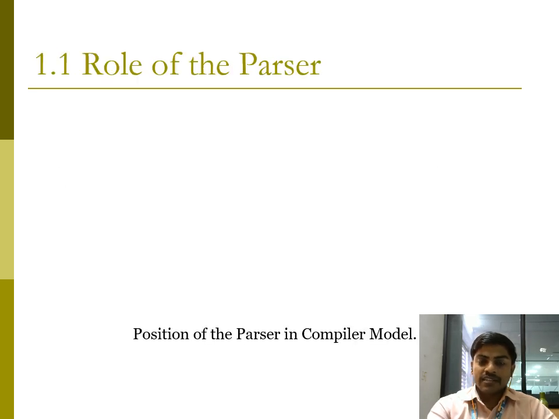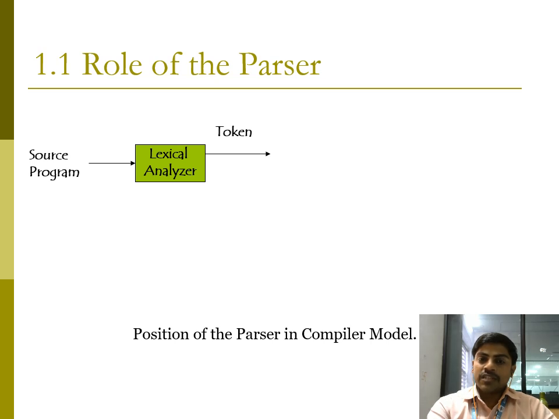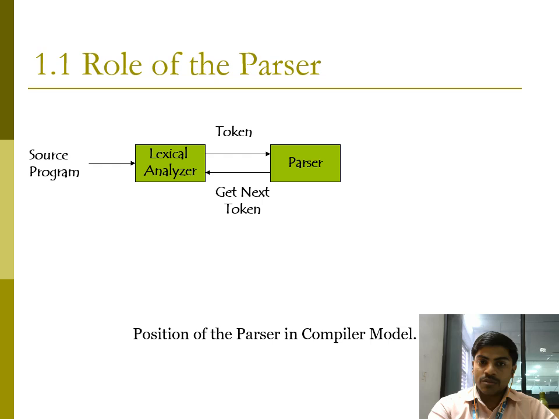Let us understand the same from the picture of the phases of a compiler. There is a source program fed into the lexical analyzer which gives us the token, while the parser or syntax analyzer also seeks the next set of tokens from the lexical analyzer. It is a cyclic routine.